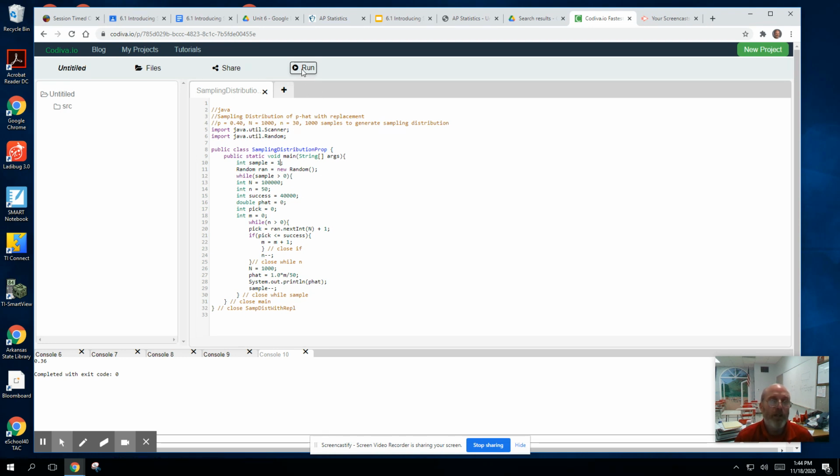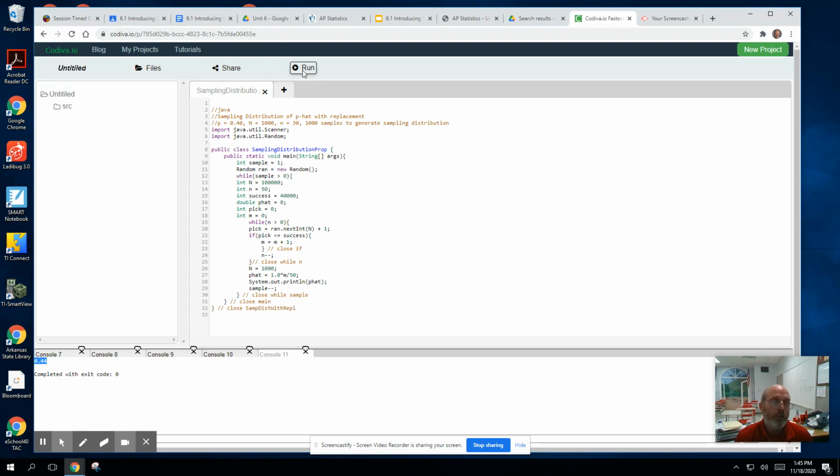If I run it one time, we get a random sample of 50, and even though we know the true population proportion is 0.40, our point estimate, the p hat from that one sample, was 0.44. That's 0.04 off from the 0.4 that we know to be true.